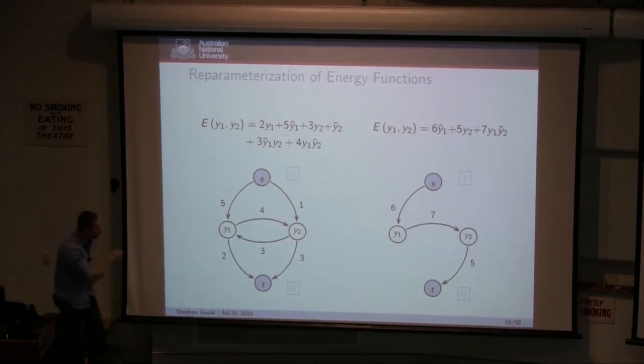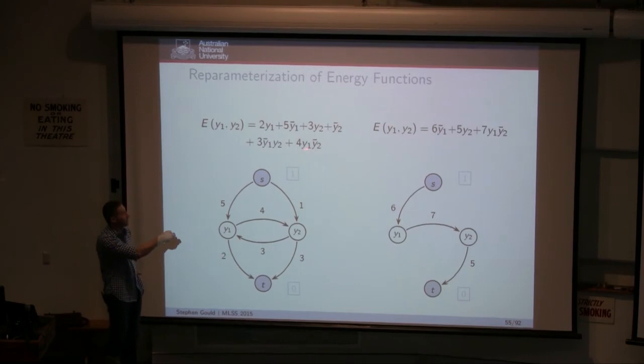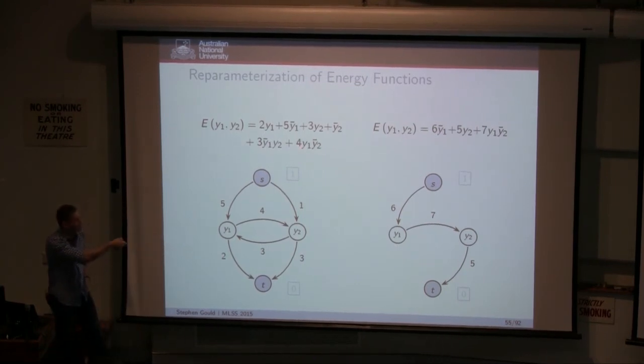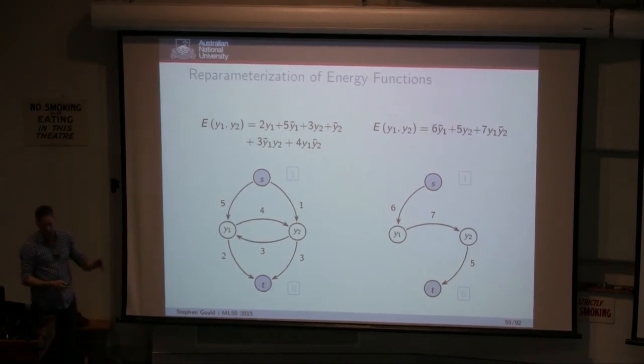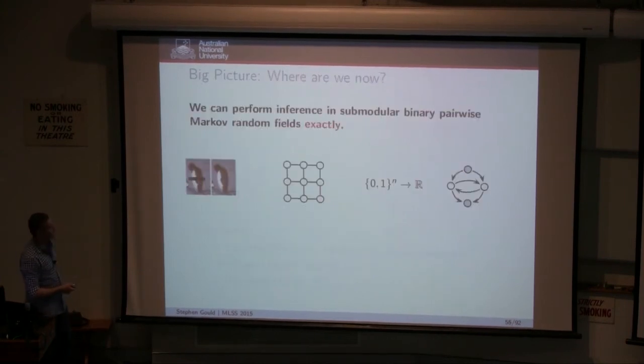And that's going to be a posiform representation which is exactly the same as these energy functions up here, but where the cut is trivial. That's a nice insight into these algorithms. It relates what the algorithm's doing back to the representation and the posiforms. All right, so where have we gotten to?